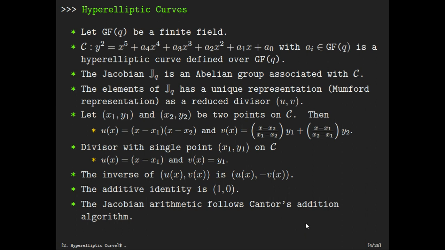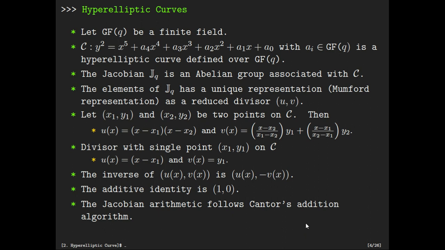The reduced divisor is u(x) equals (x minus x1)(x minus x2) and v(x) equals ((x minus x2)/(x1 minus x2)) y1 plus ((x minus x1)/(x2 minus x1)) y2. A divisor with a single point (x1, y1) is also a valid divisor and is represented as u(x) equals x minus x1 and v(x) equals y1. The inverse of the element is written as (u(x), minus v(x)) and the additive identity is (1, 0).